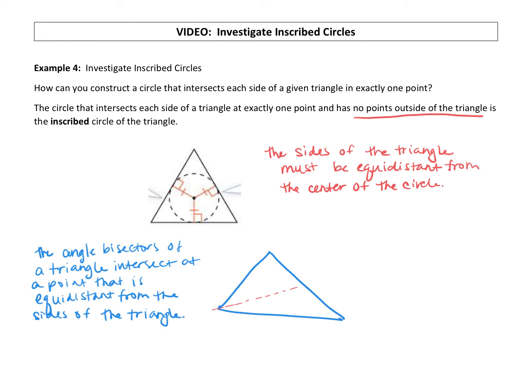Now let's take a look at this angle right here. I'm going to do the same thing. And again, sketching it is not the most accurate way to do that, but I just want to show you how this works.